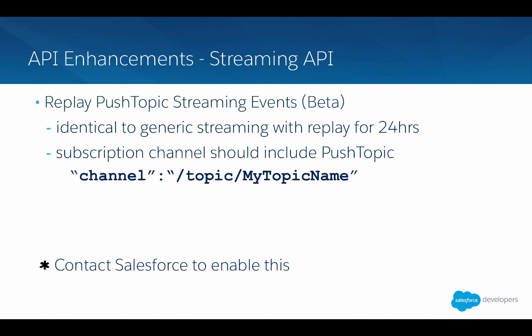Now, something pretty much almost identical to generic streaming is replaying push topic streaming. The only difference here is that you can specify the exact channel that you're trying to replay push topics for. And so this is really great for updating an external system when something happens. Maybe you're trying to do some sort of data synchronization and you want to see all of the cases or case activity over the last 24 hours.